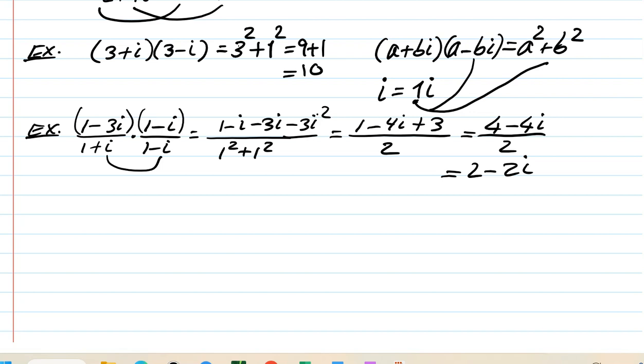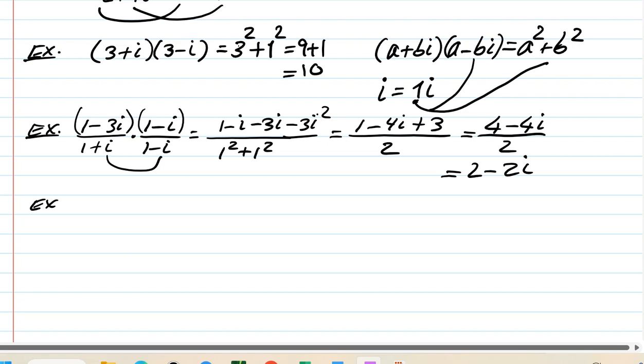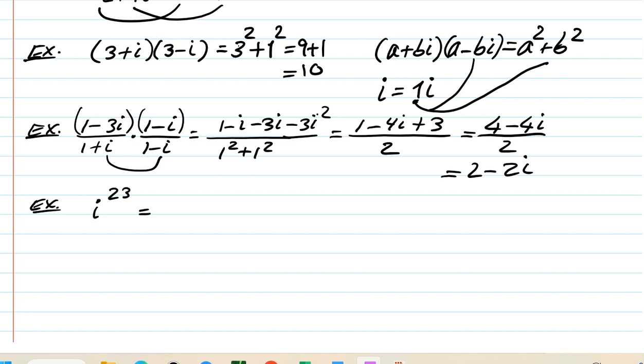Now let's take a look at doing maybe a couple of powers of i. Okay, so in this next example, we want to do, for instance, i to the 23rd power. Again, the key is to break that exponent into as many groups of size 4 as possible, that is i to the 4th. 5 times 4 is 20 in this case.